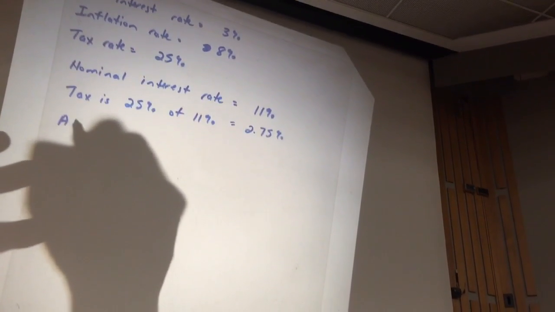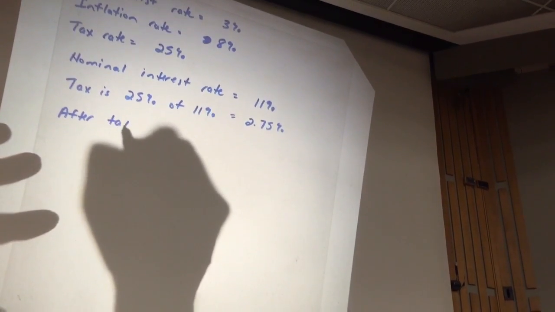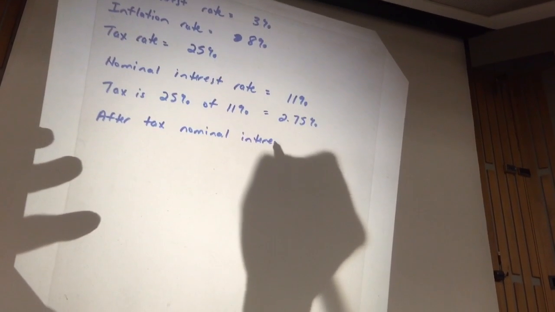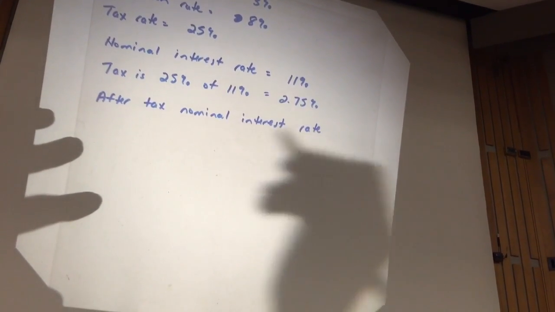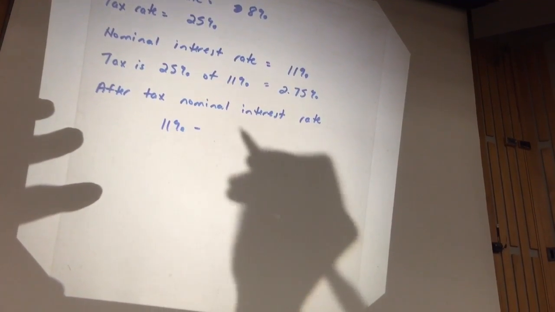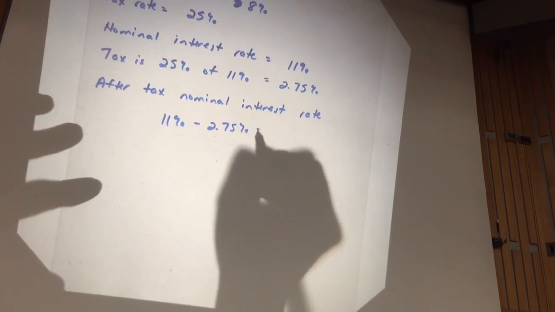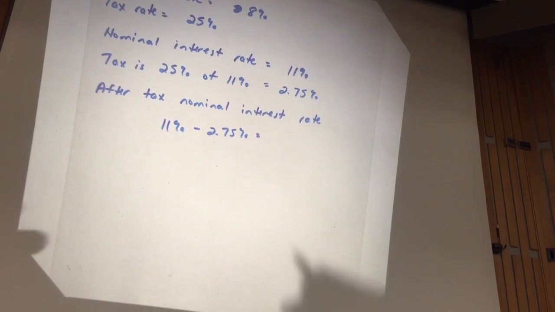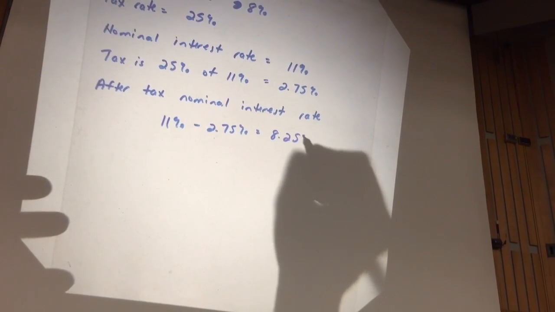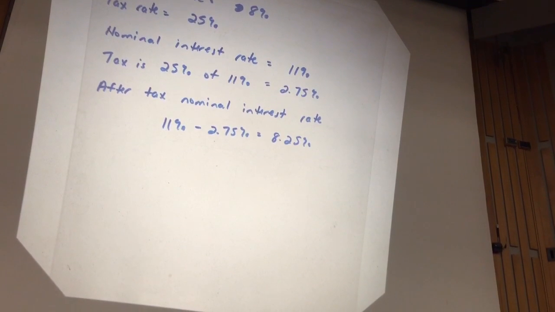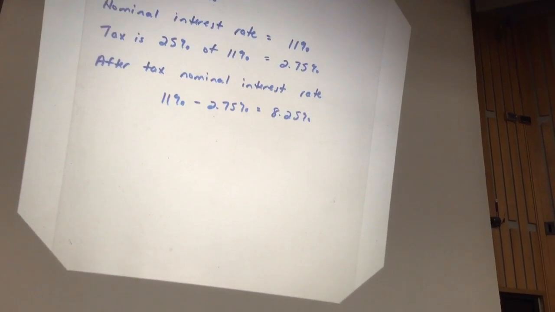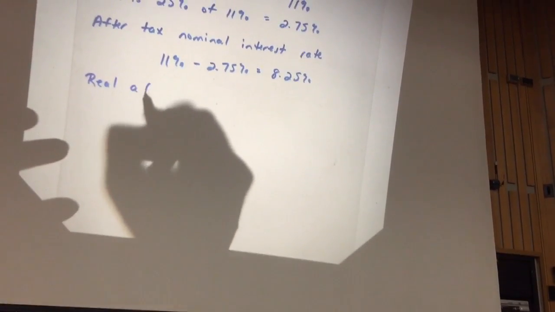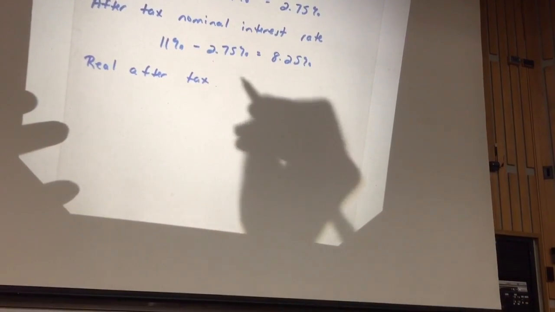So my after-tax nominal interest rate is going to be 11% minus 2.75%, which is 8.25%. Okay. Now what's my real after-tax interest rate?